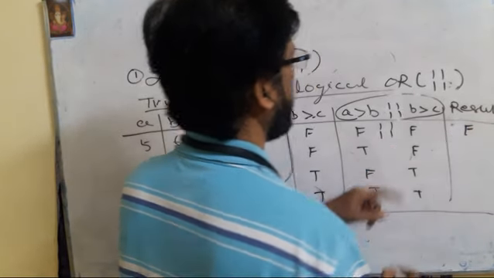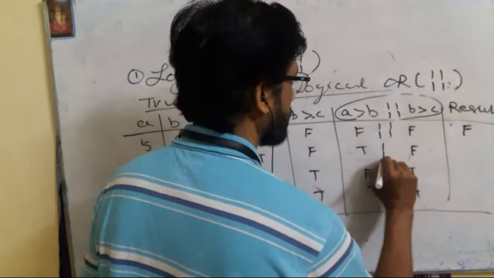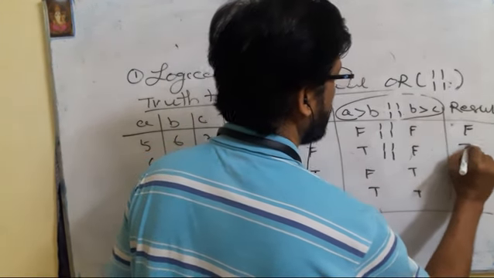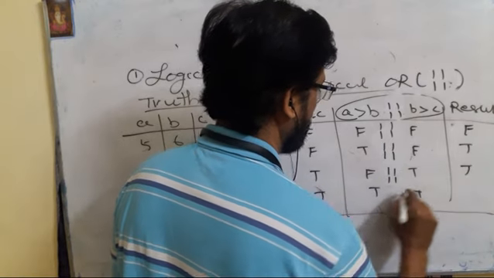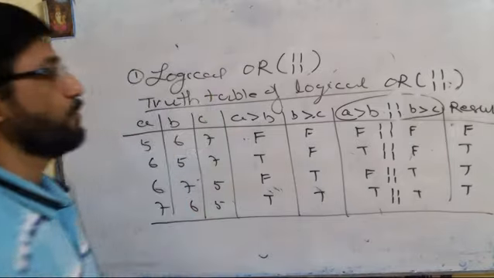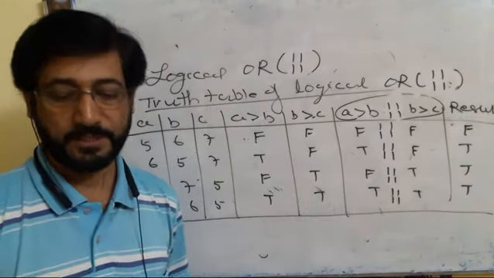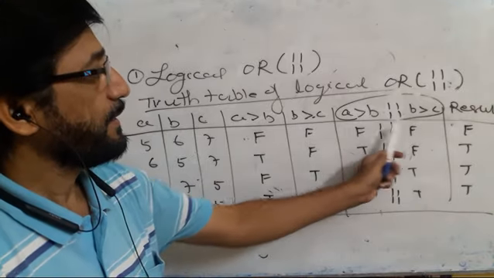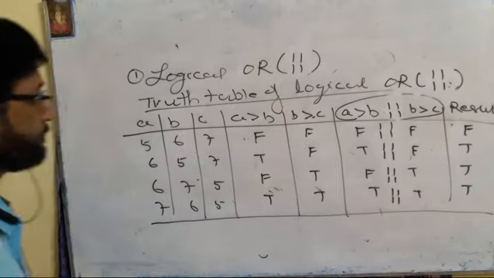When both the relational expressions are false, the result is false. True or false, the result is true. False or true, the result is true. True or true, the result is true. So when any one of the relational expressions is true, then the result is true. When both the relational expressions are false, then the result is false.